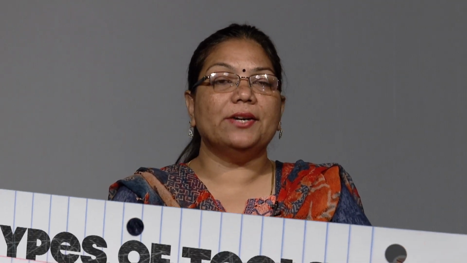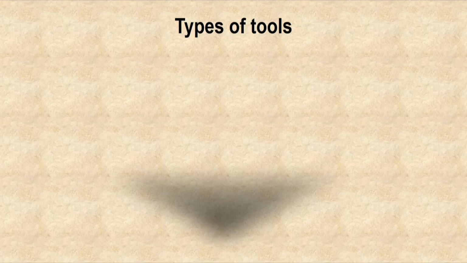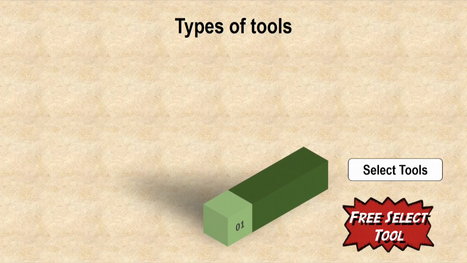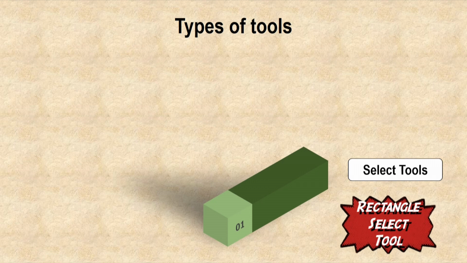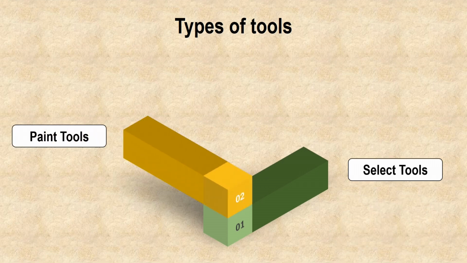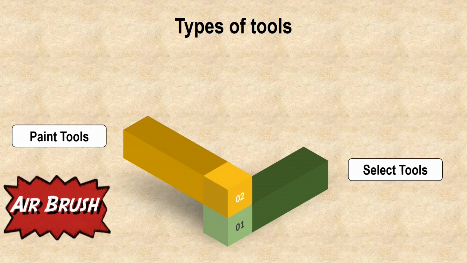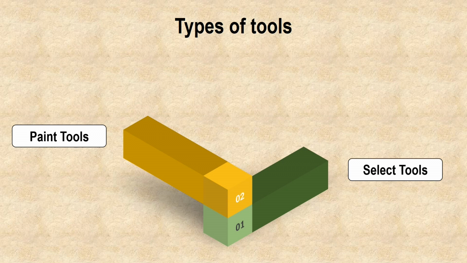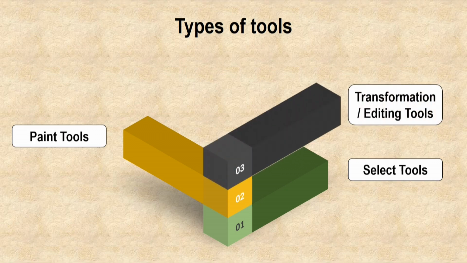In the GIMP working environment, we are usually provided with several types of tools. These are under select tools. Select tools can be like the free select tool, the fuzzy select tool, or the rectangle or ellipse select tool. Similarly, paint tools cover various tools like paintbrush, airbrush, pencil, eraser and so on. And the third one is transformation and editing tools.